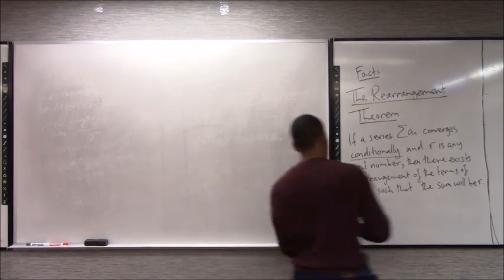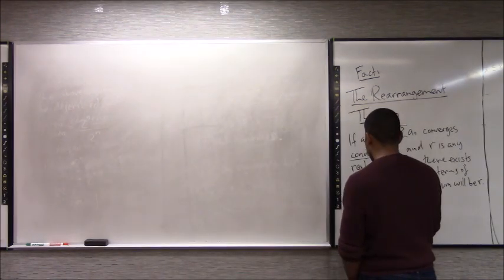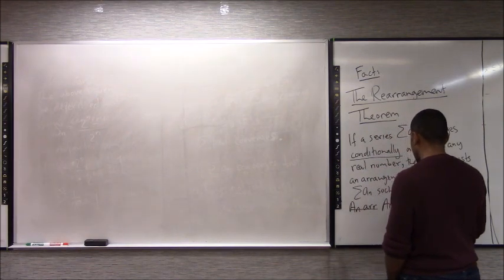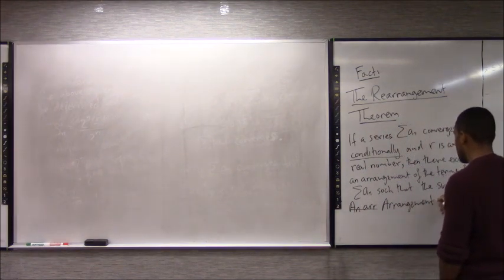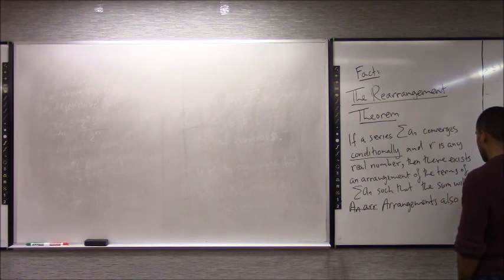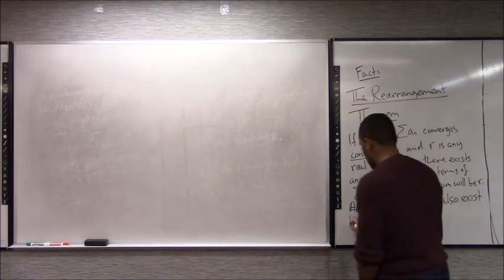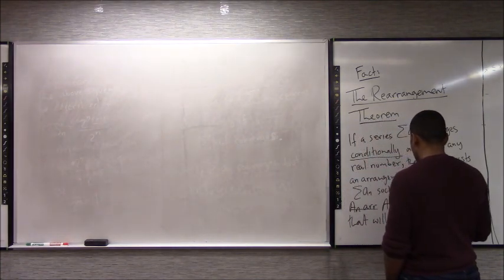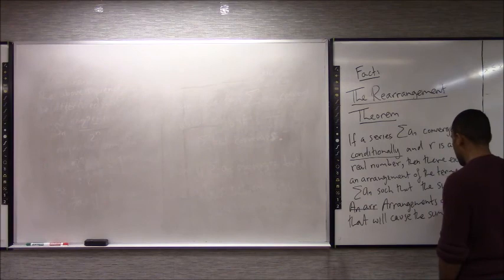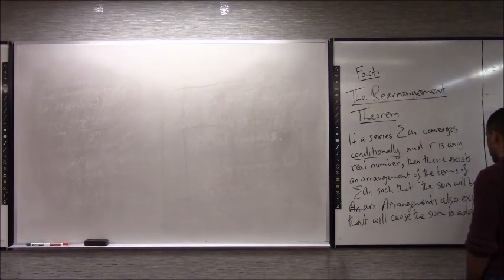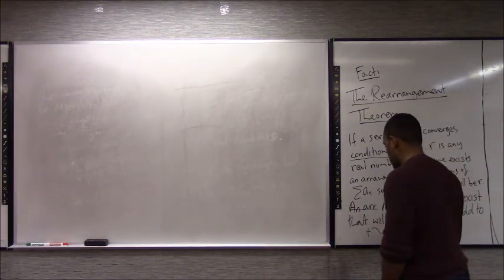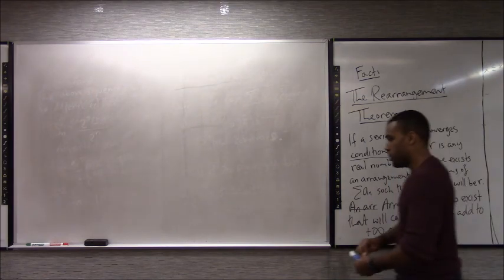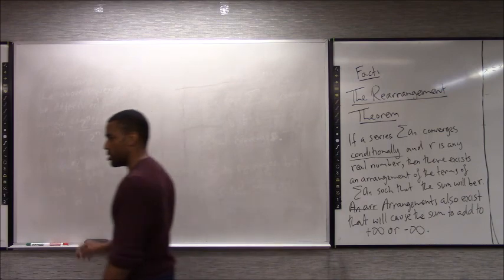And in fact, arrangements also exist that will cause the sum to add to plus infinity or minus infinity. So you can actually take a conditionally convergent sum, you can arrange the terms so that it diverges.